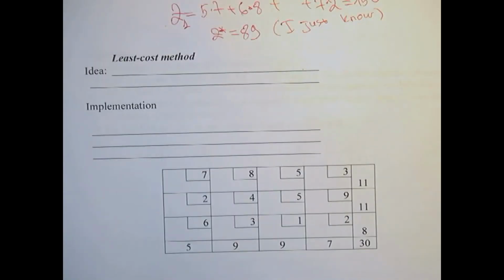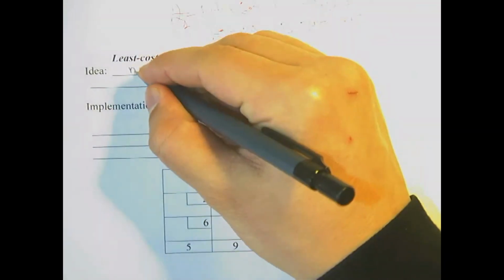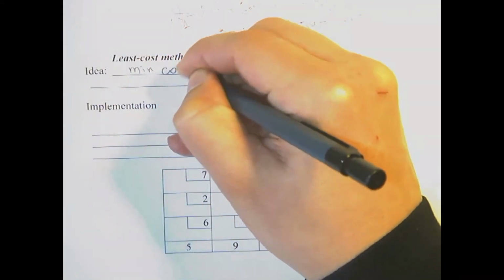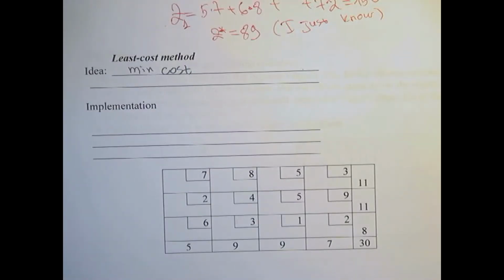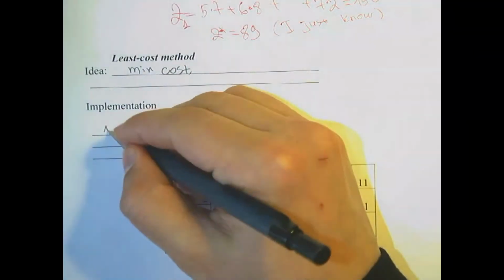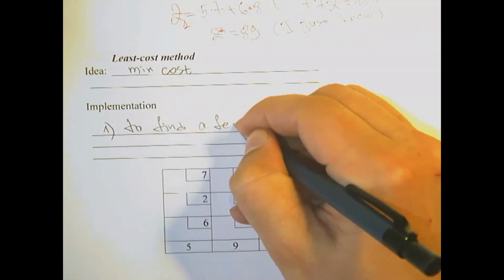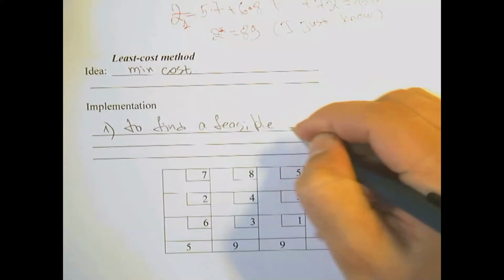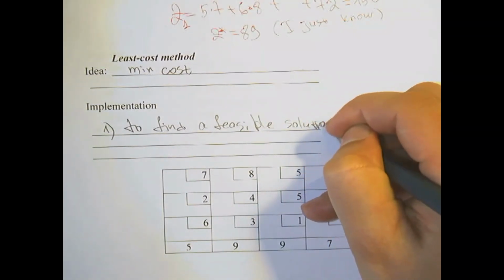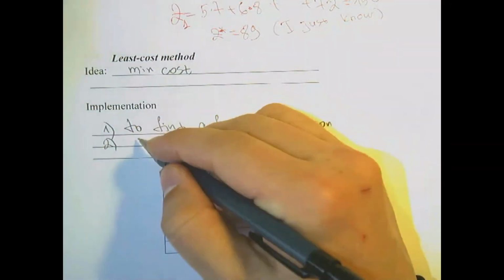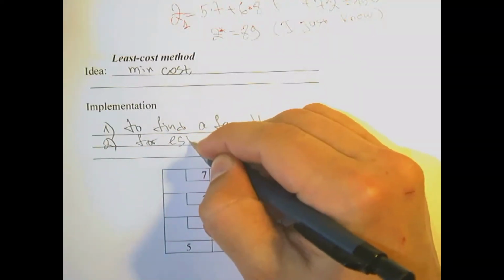The next heuristic method is known as the least cost method. So the idea is the following. We always fill the cell with minimum cost. Implementation: to find a feasible solution, and also for estimation.